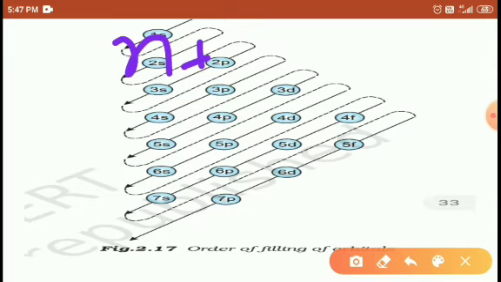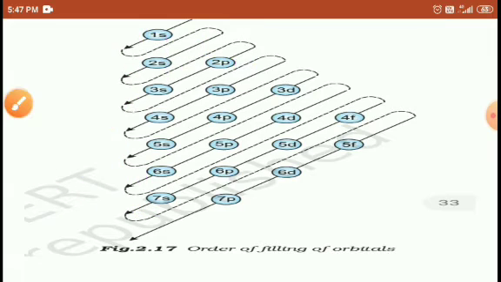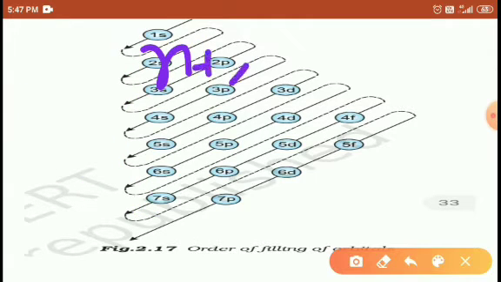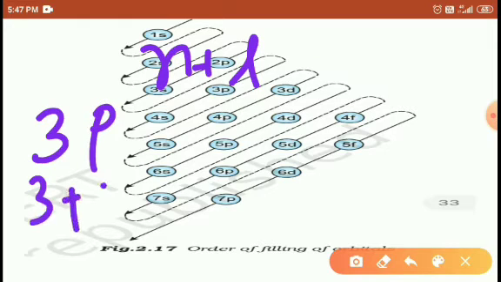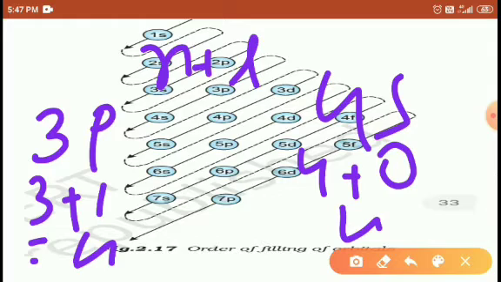When we apply the n plus l rule: for 3p, p has l value 1, so 3 plus 1 is 4. Similarly for 4s, 4 plus 0 is 4.